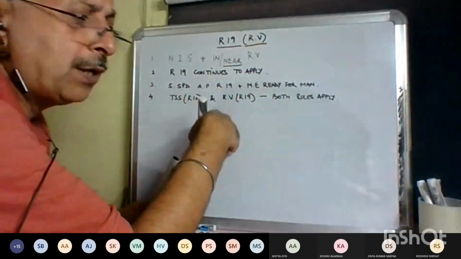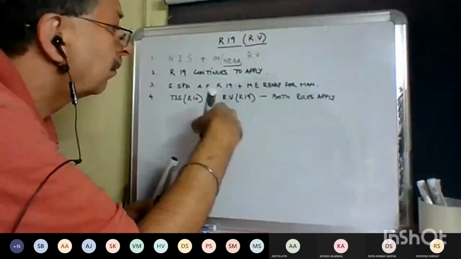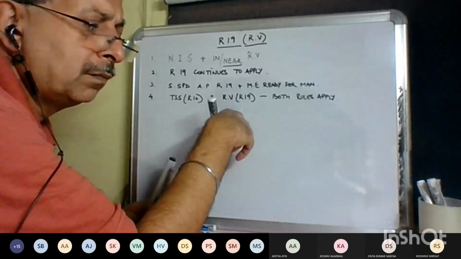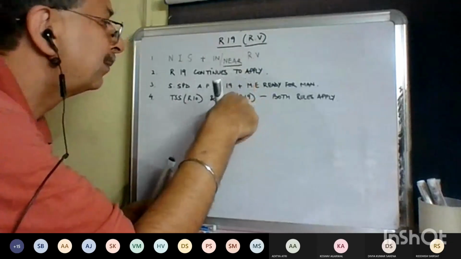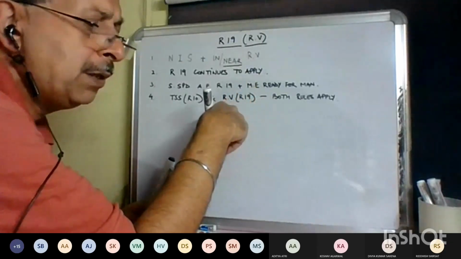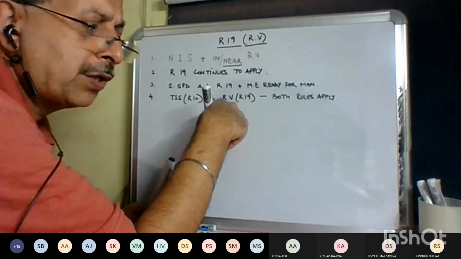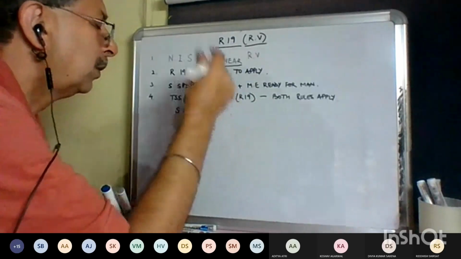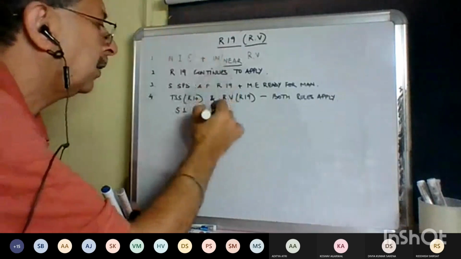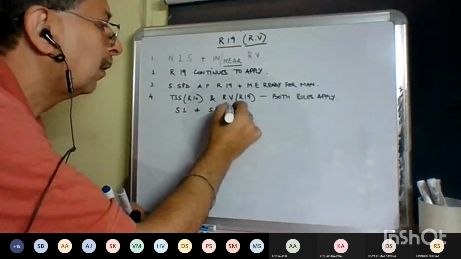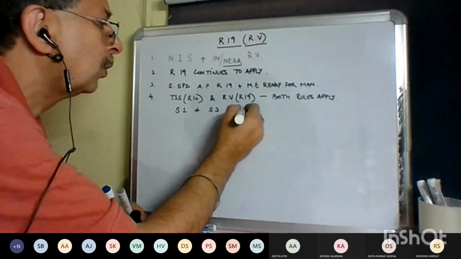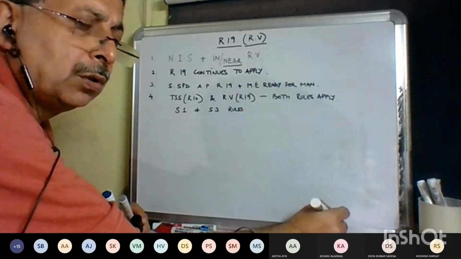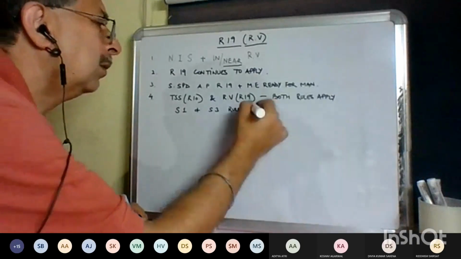Similarly, if the vessel is in a narrow channel and RV, both will apply. So what I mean to say is, Section 1 rules and Section 3 rules, both are applicable.